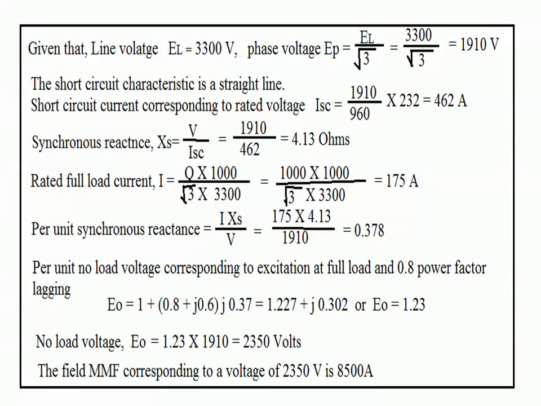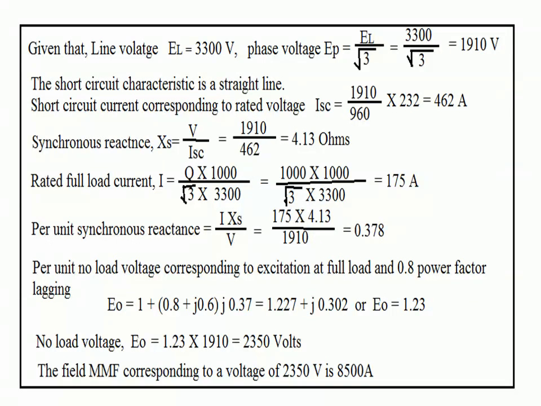Short circuit current corresponding to rated voltage is calculated from the data in the above table. You take the ratio 1910 by 960 into 232. So we are getting around 462 amperes.